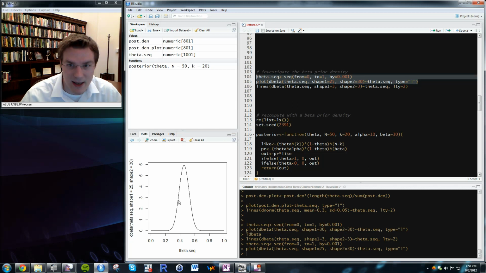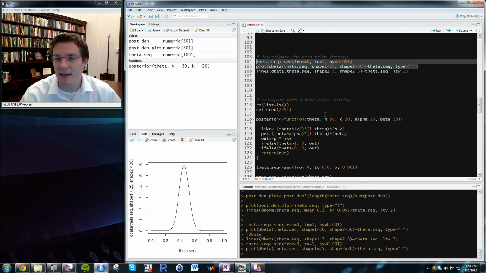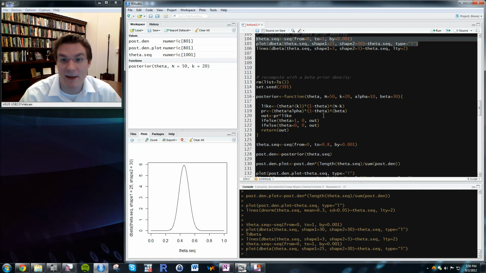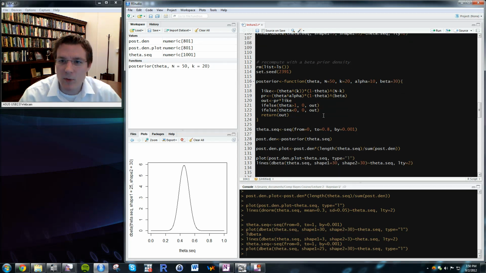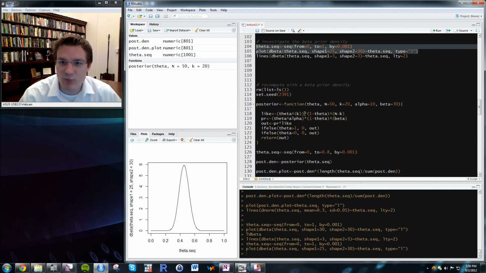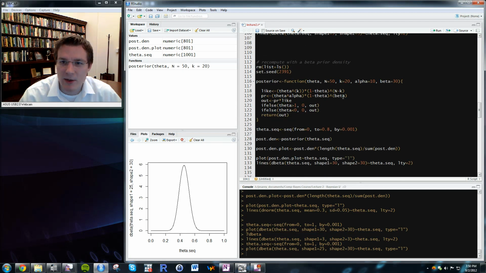So you can see that reducing the number of successes to 25 shifts the prior density over a bit to the left to indicate a lower probability of successes. And we can play with this as many times as we need to in order to get the prior that we would like. So if I now use this prior density, here's the prior density right here.